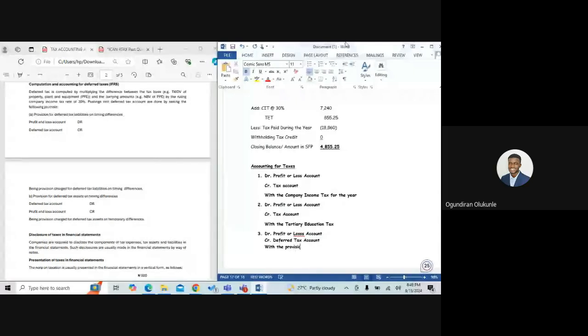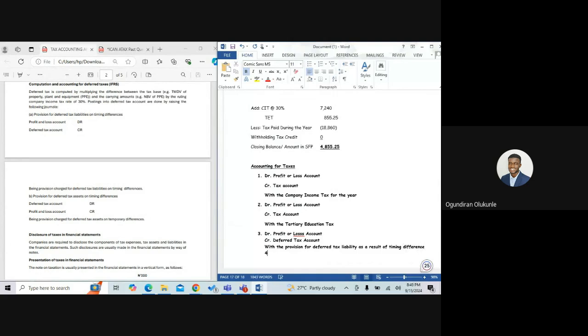The next thing is that you debit deferred tax liability as a result of timing difference.